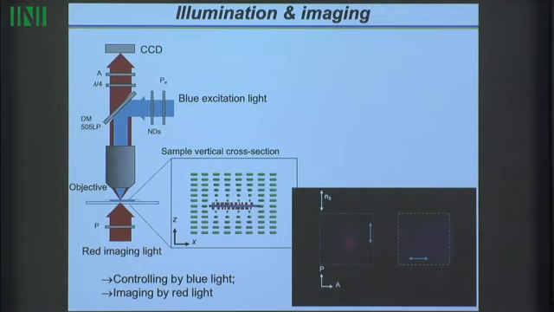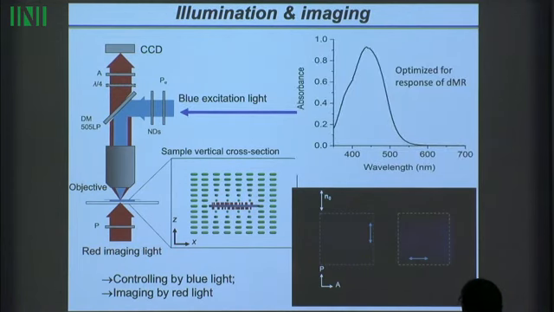Now it's important for us to be able to control the structure of these monopoles, but also to be able to image them. And you don't want the two processes to interfere with each other, because I told you the system is extremely responsive to light. However, we can use blue light to excite the dye molecules, and we can use red light for imaging, because you can see from this graph that the azobenzene molecules we use have very little response to red light and very strong response to blue light.